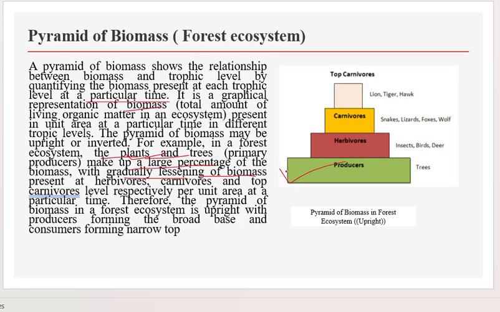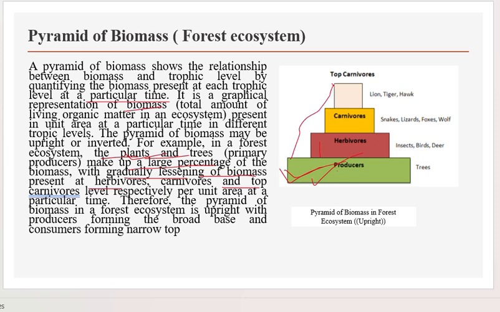From a producer to another trophic level, biomass will be declining as compared to the producer. At herbivores, the biomass is less as compared to producers. Then carnivores and top carnivores level respectively, they keep declining.